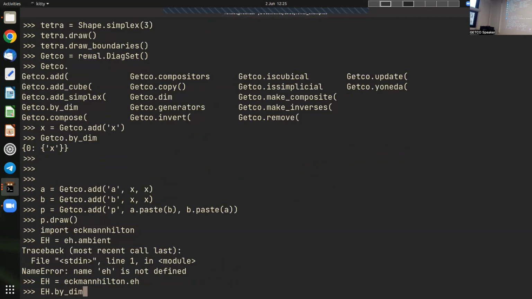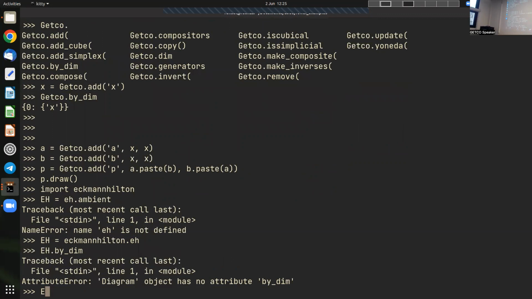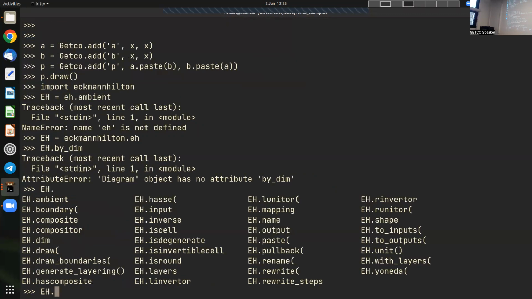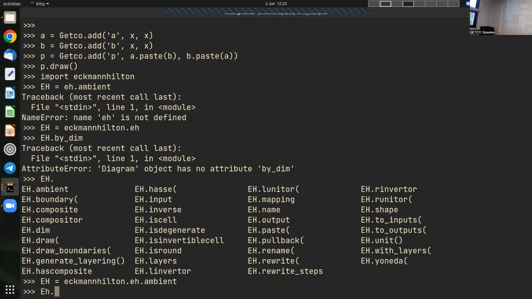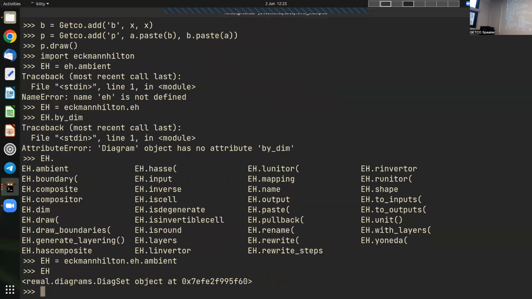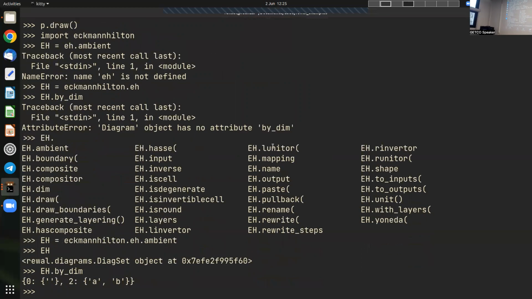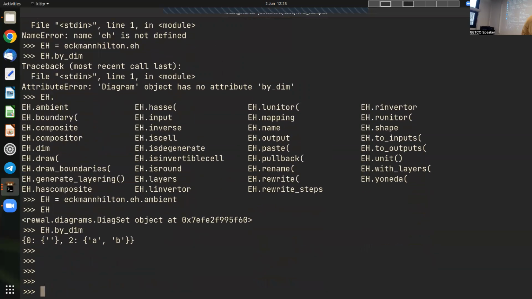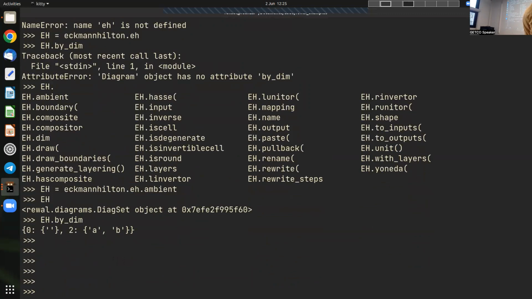So this EH is already a workbook. EH now is a Diag set, and it's a Diag set with a single unnamed point and two two-dimensional generators.